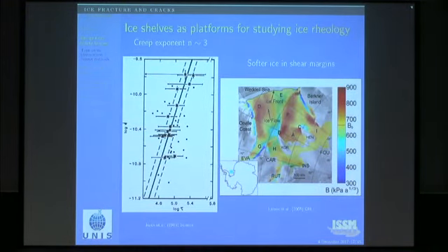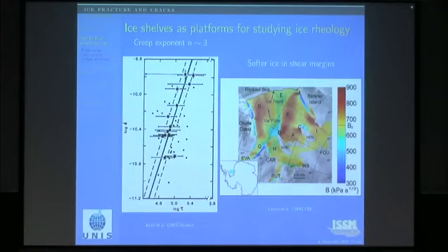So ice shelves are nice platforms for studying ice rheology. They've been used to study the basic rheology of glacier ice for a long time. The main reason is that you've got ice sitting on essentially a frictionless bed, so compared to a grounded glacier, the dynamics are a lot simpler. So it's nice to look at floating ice for studying rheology.